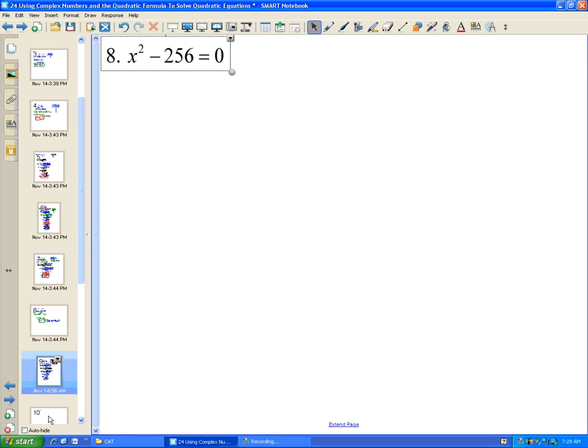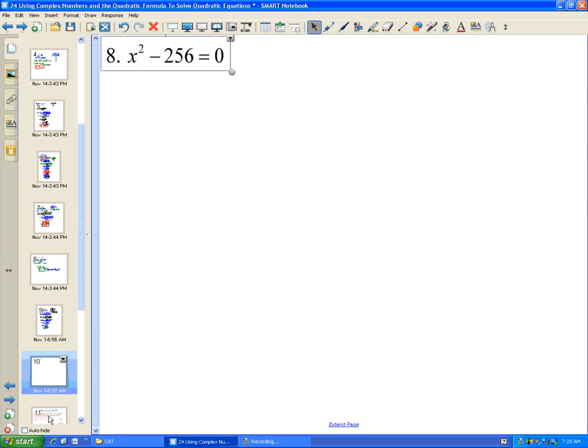Last example, and then we're going to do the how to make this stuff work. So I'm going to add 256 to both sides, so I get x squared is equal to 256. I did that because there is no x term, no linear term; there's a quadratic term and a constant.